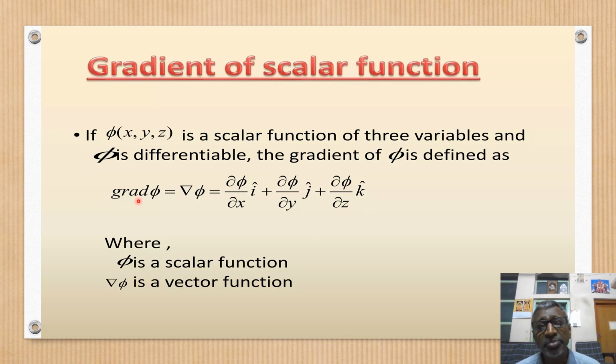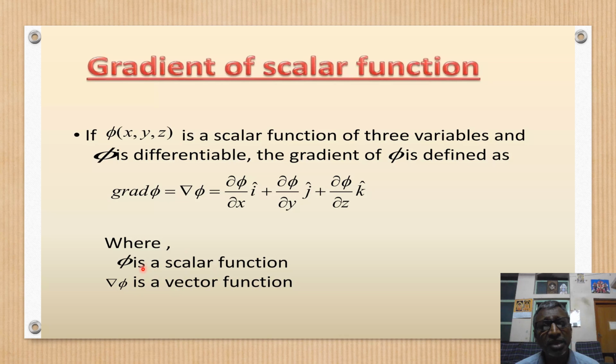Note that previously we said del is nothing but dou by dou x of i plus dou by dou y of j plus dou by dou z of k. Now this operator del is operated on the scalar point function phi, and hence we have del phi or grad phi equal to dou phi by dou x into i plus dou phi by dou y into j plus dou phi by dou z into k.